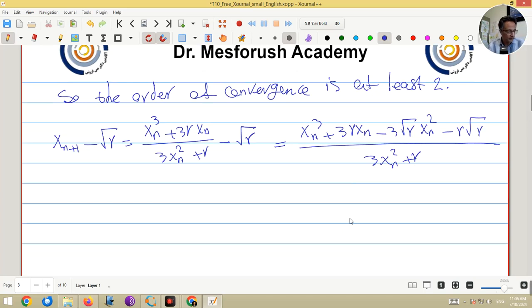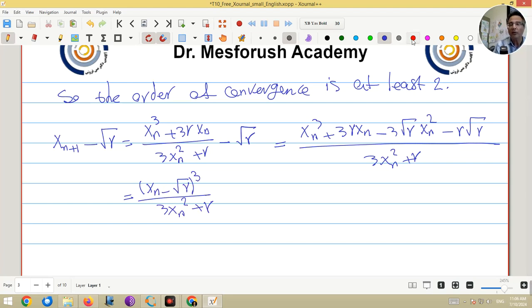Okay, something like this. If you consider the right hand side, it is something that we have seen in high school. So it is (x_n minus square root of r) cubed over (3x_n squared plus r).